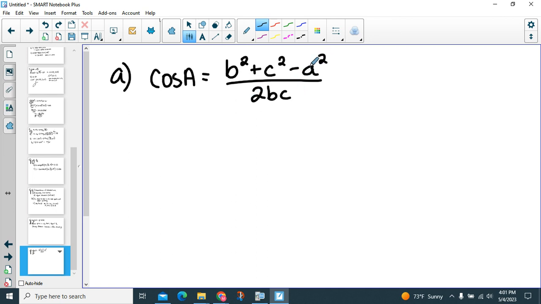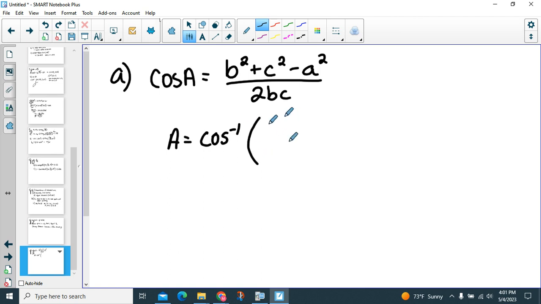Now, the a has to be the side across from the angle that we're looking for. So in this case, the side across from angle A is 5.2, and then b can be 8 and c can be 10. We're going to have to take the inverse cosine of both sides eventually anyway, so we might as well do that all in one fell swoop.